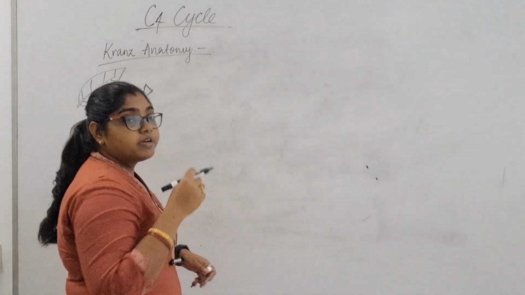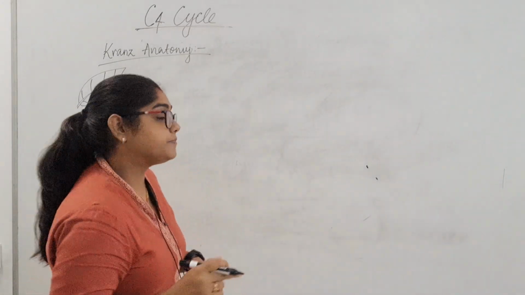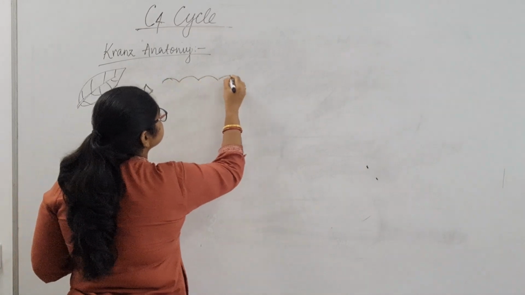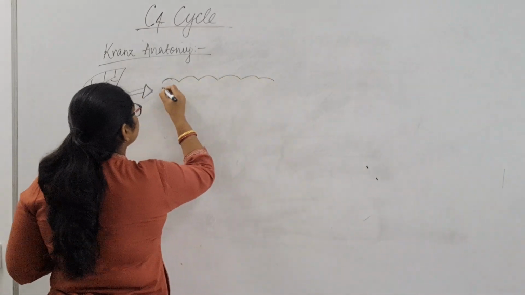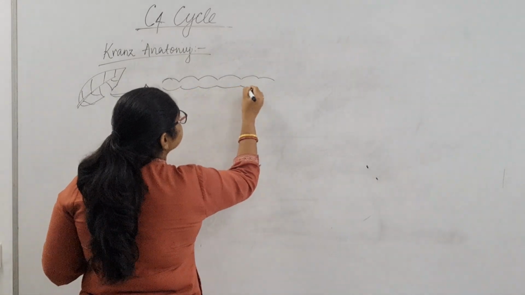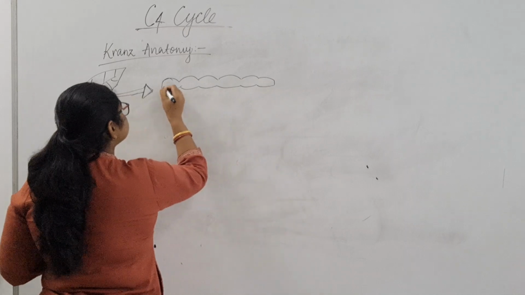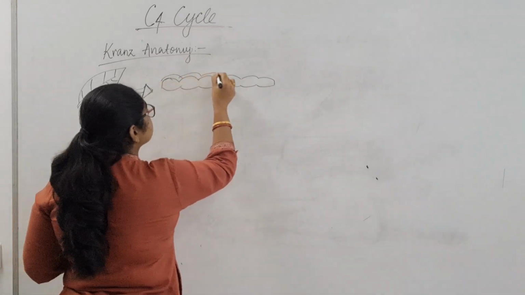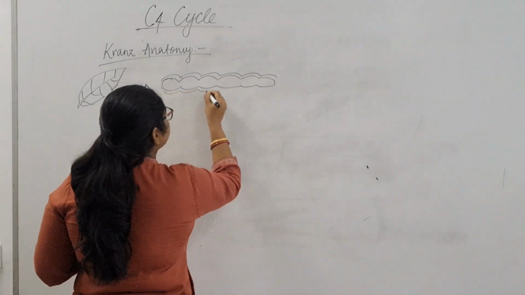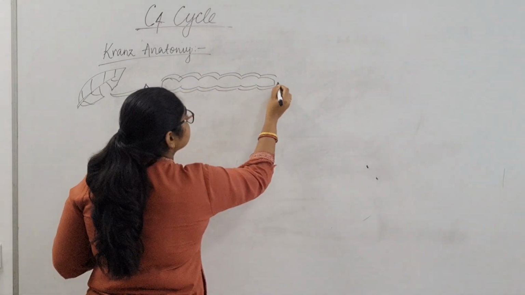Now in a leaf, the upper epidermis should be there. So here the upper epidermis is present. So this is the upper epidermis of the leaf.